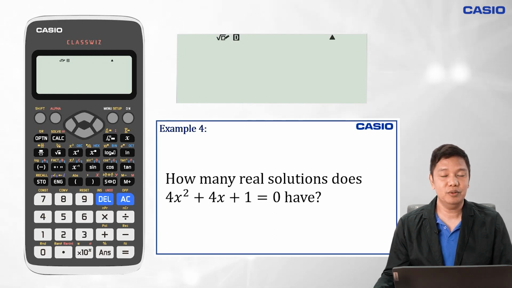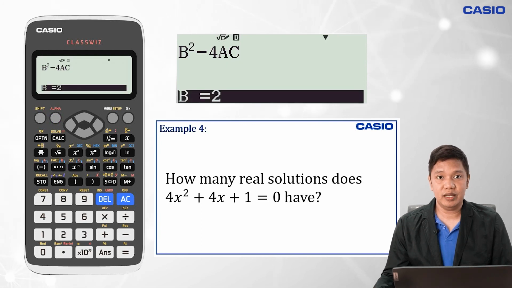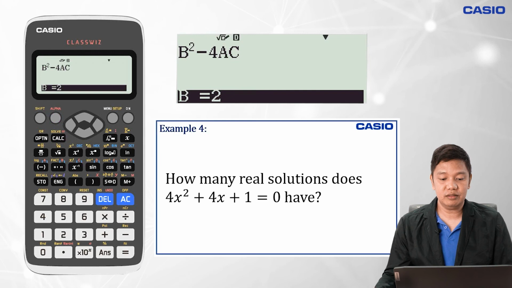Again, to do so, we need to get the value of the discriminant. Doing so, we have alpha, the degree minute second button, squared minus 4 times the variable a, and then the variable c. Pressing calculate, we need to enter again the numerical coefficients of a, b, and c.